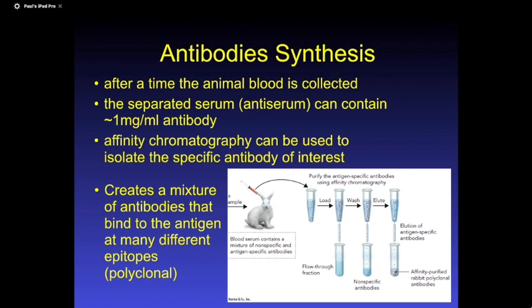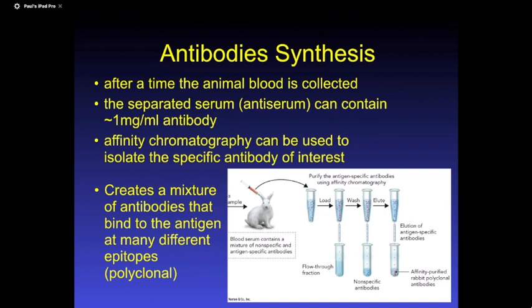A lot of them. We want to get a lot of them, yes. What are the characteristics of an antibody that make it important for us to use? It binds specifically. It will bind one and only one thing in a mixture of things.